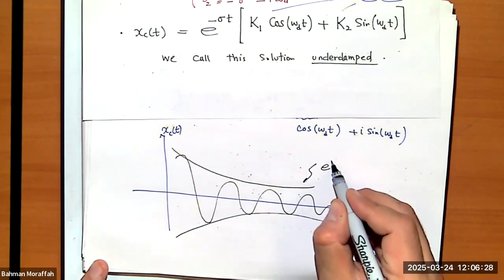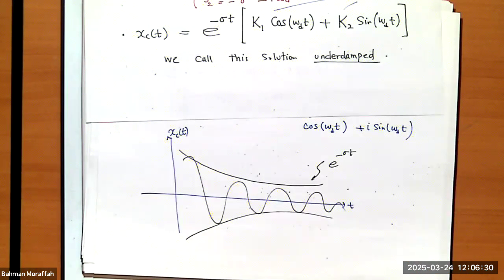That's basically how we interpret this solution. What's important, though, is that if C is less than 1, we're in an underdamped solution, which means we're going to have two solutions that are complex, and they're complex conjugates.